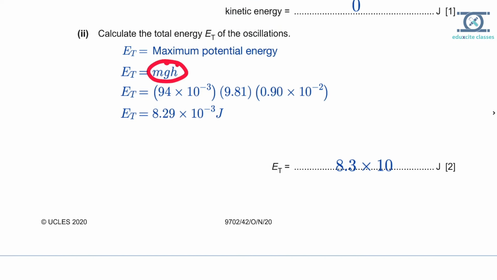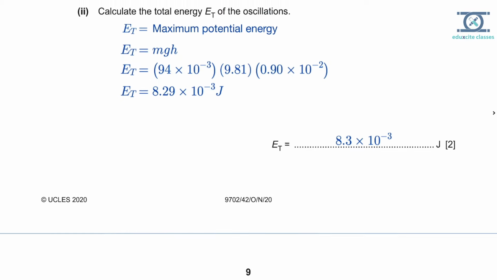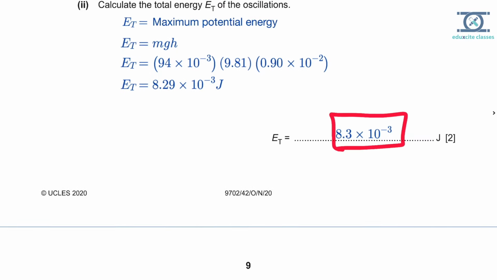So that will be mgh. m we have to take in kg, g is 9.81, and h is already given, the vertical height. Calculating, you will get 8.3 into 10 raised to power minus 3 joule.